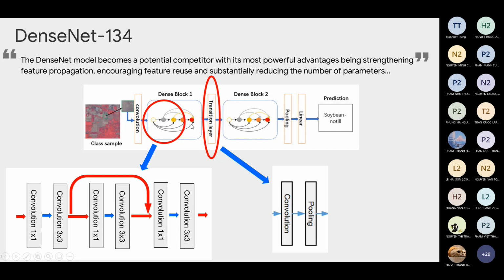It means that we concatenate, we do not abandon or get rid of any data, but we still keep them and make it dense. That is the meaning of DenseNet. Make it dense here.